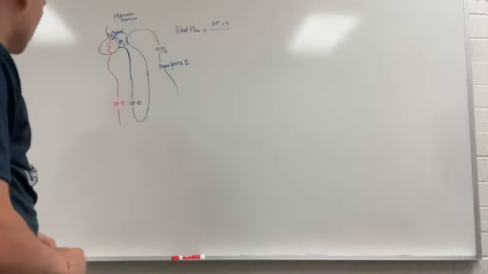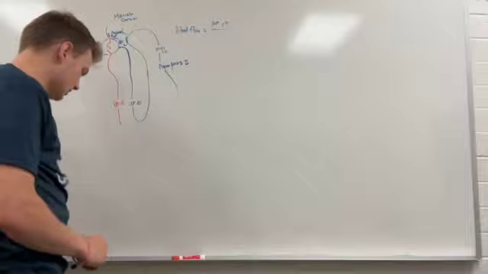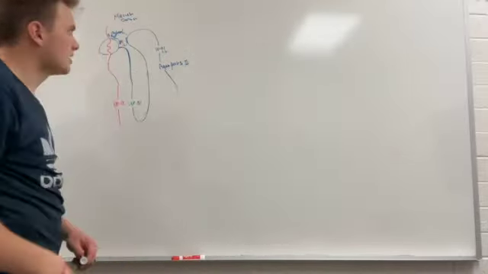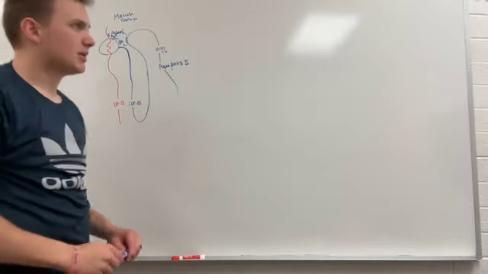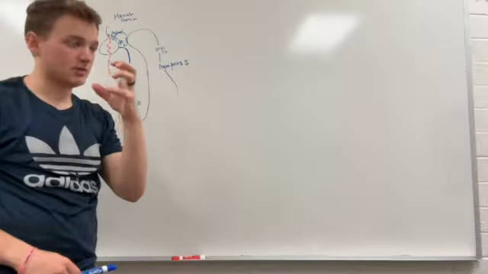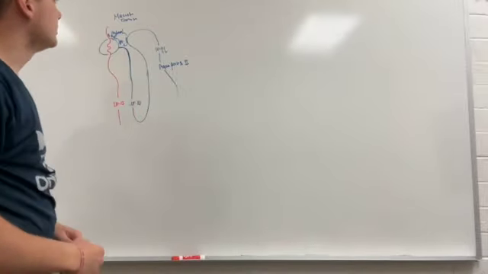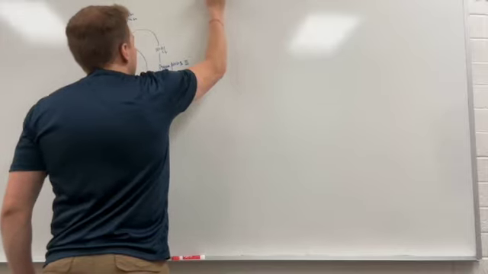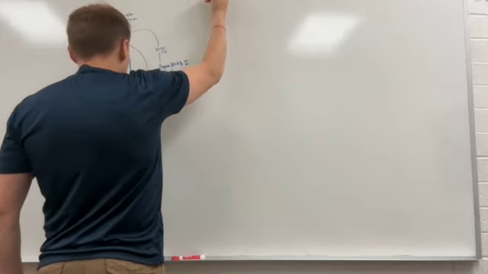Awesome. I want to talk about ADH and aldosterone as well. Starting with ADH: ADH is released by the hypothalamus, somewhere up in the brain, kind of in the midbrain, by way of the posterior pituitary gland.